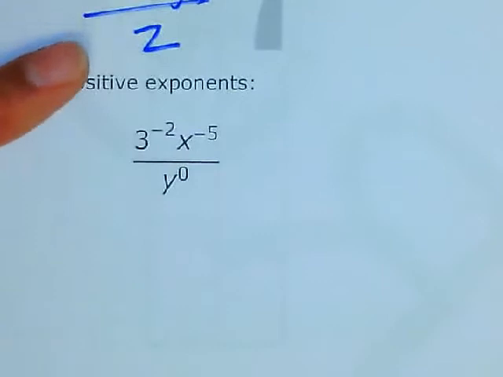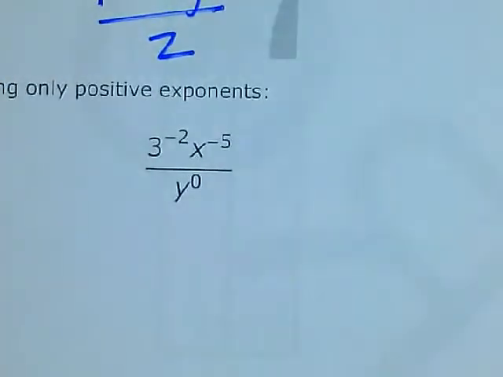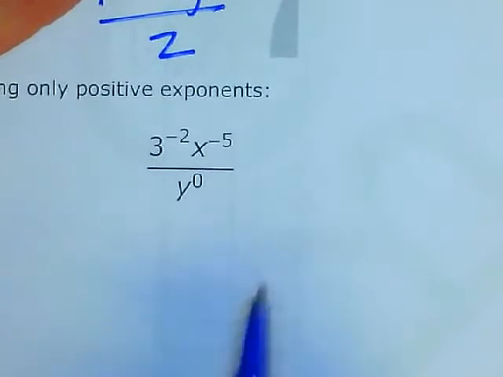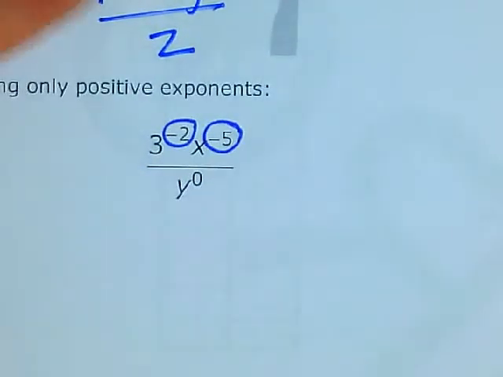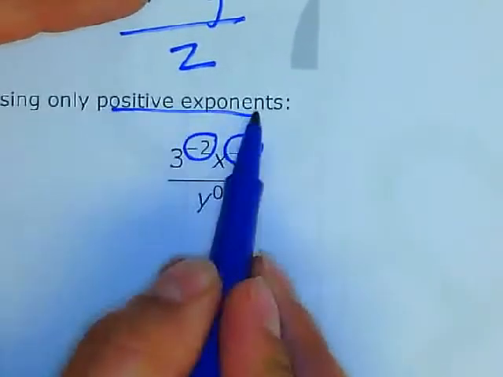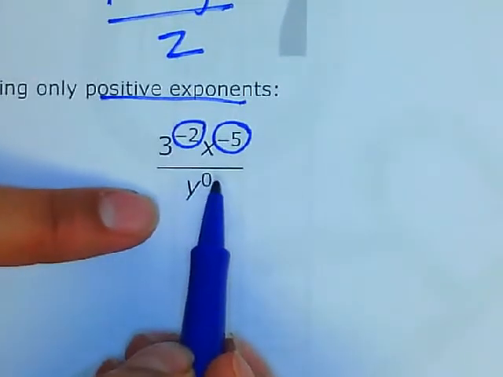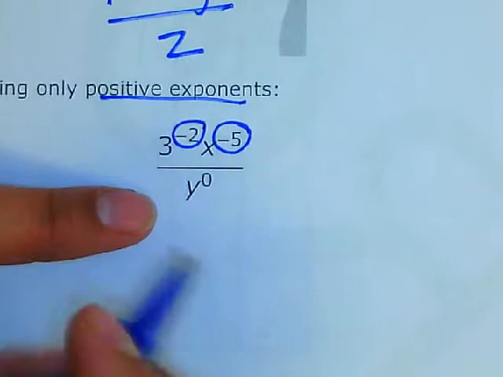Okay? For this one, there are no variables that are the same, no like bases. So all I need to do is simplify it. What I'm going to simplify is the negatives. I cannot have them when I simplify into positive exponents. And every time you see anything to the 0 power, it becomes a 1.